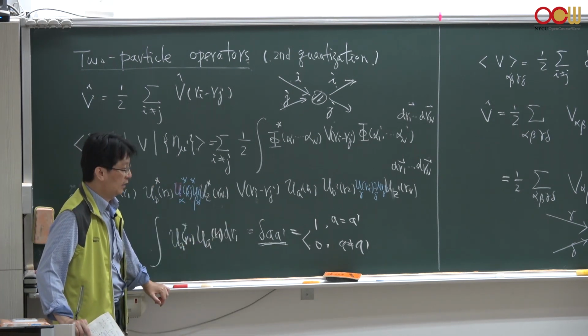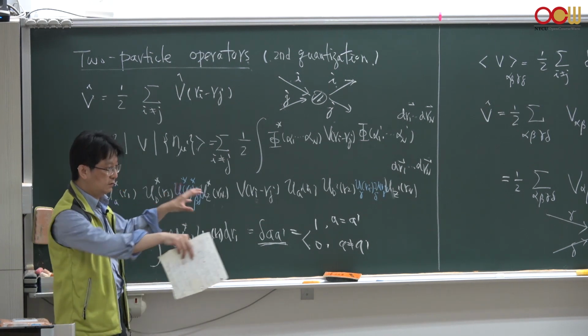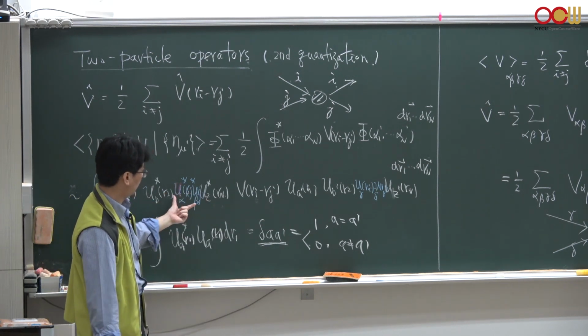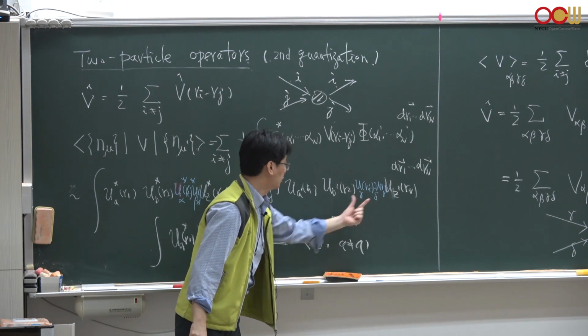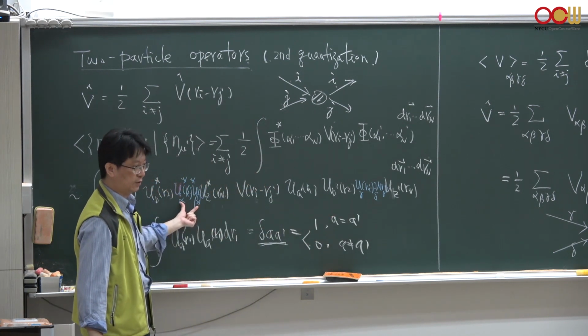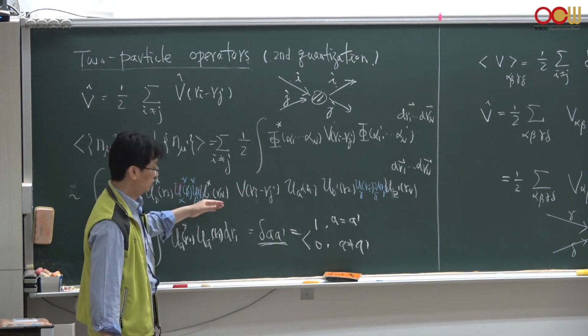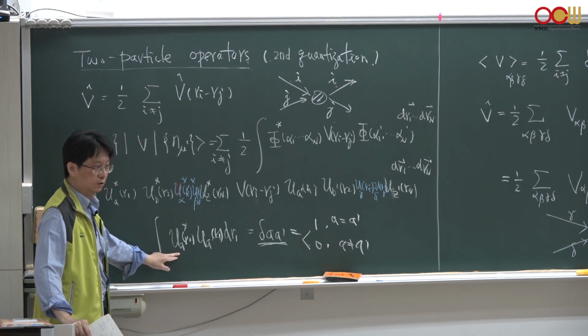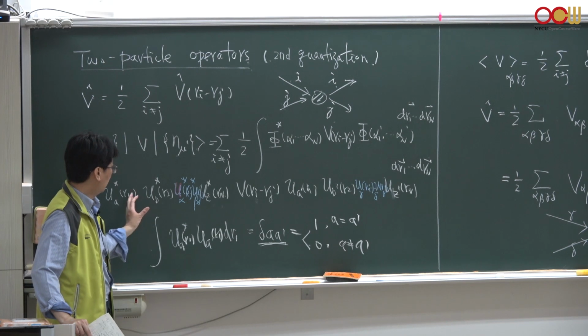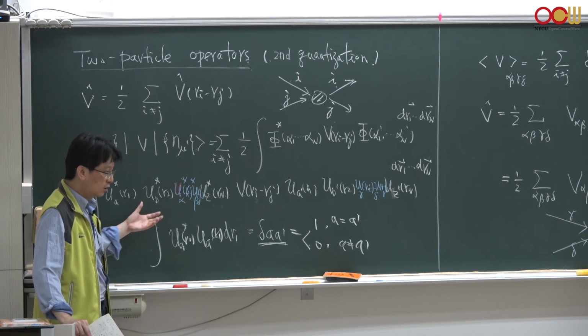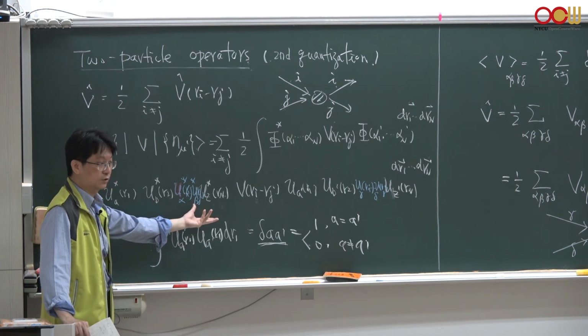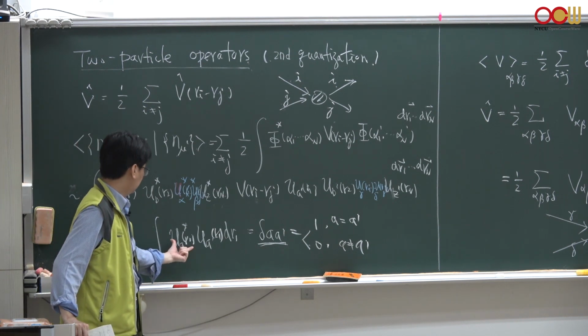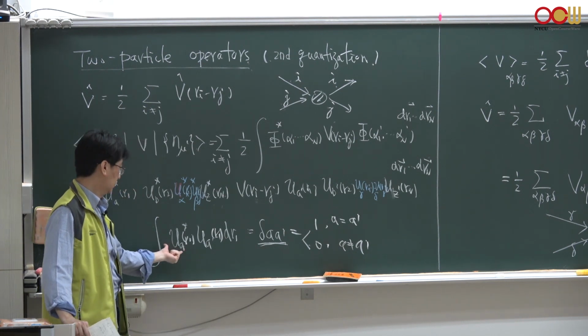Therefore we can only pick four states, two initial and two final wave functions, and forget about all the others. Because of the orthonormal conditions, all the other single-particle wave functions can be decoupled from this integral.